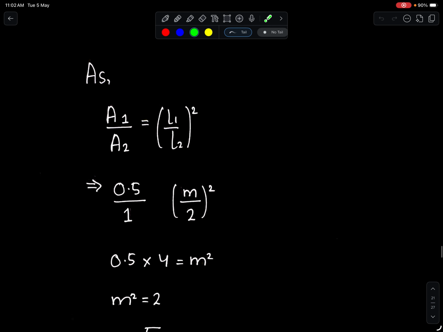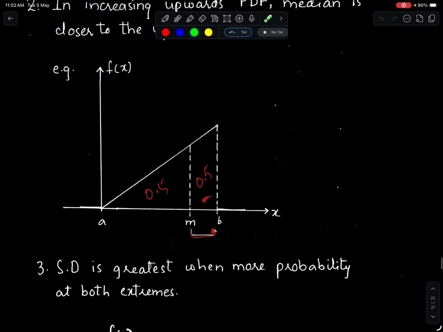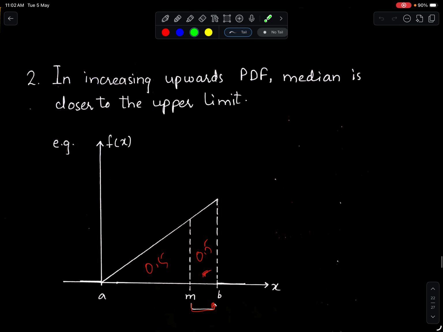This is here. Alright. In increasing upwards PDF, median is closer to upper limit. Median is close to upper limit because of high density of observations.